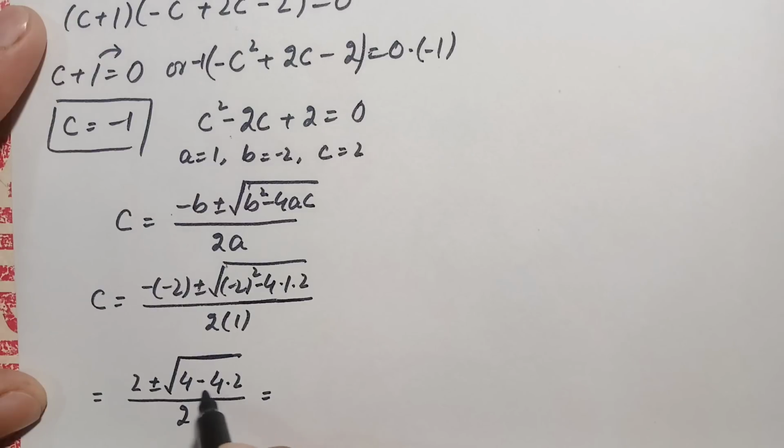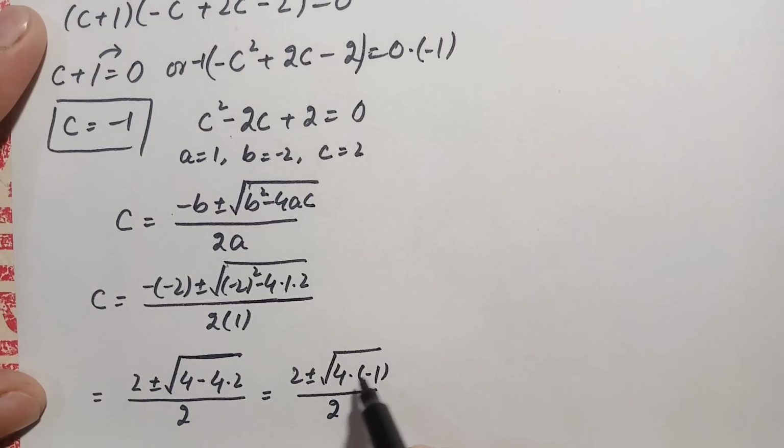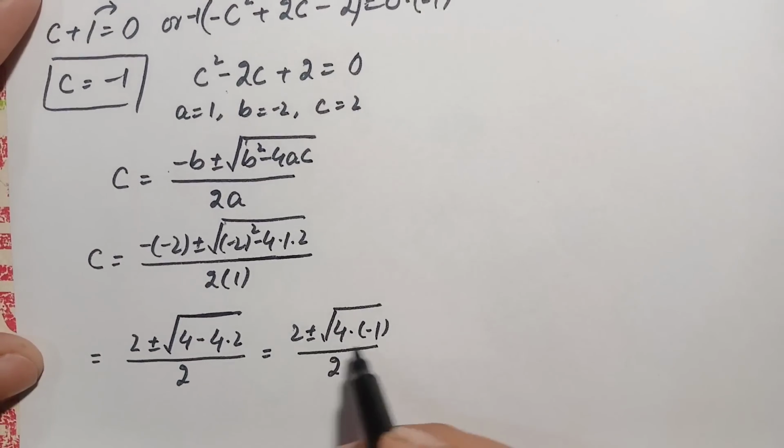Here we will take 4 common from the numbers inside the square root, so this will become 2 plus minus square root of 4 times, taking 4 common, 1 minus 2. 1 minus 2 gives -1, divided by 2. Next we will split the square root over 4 and -1.